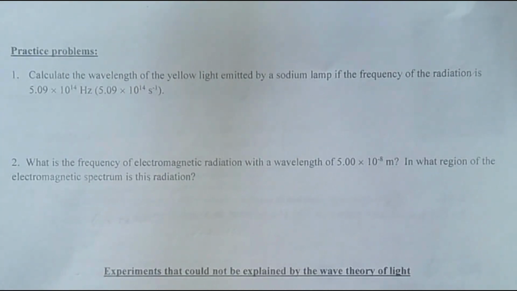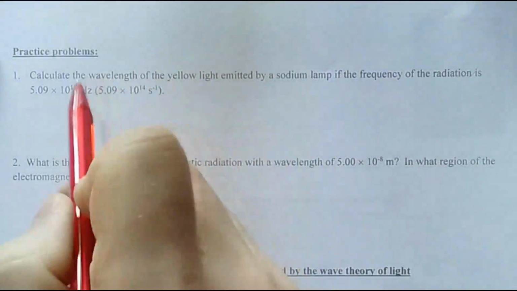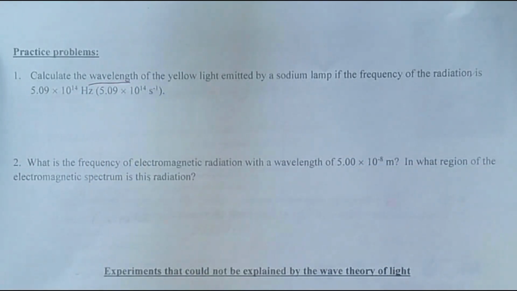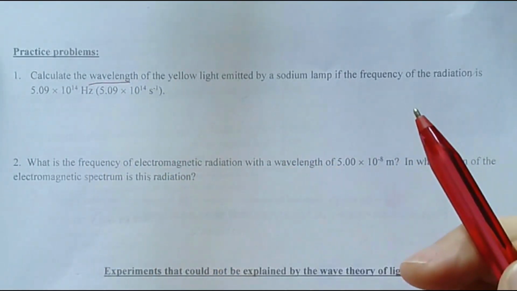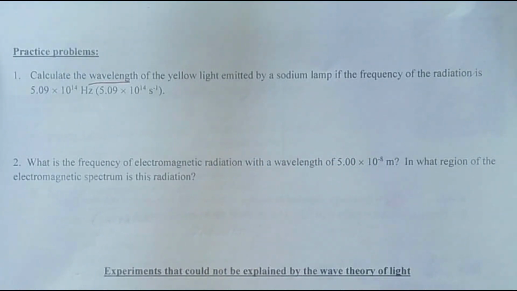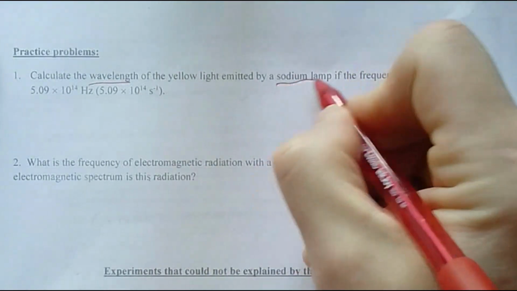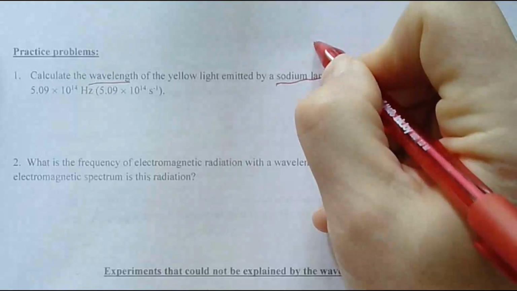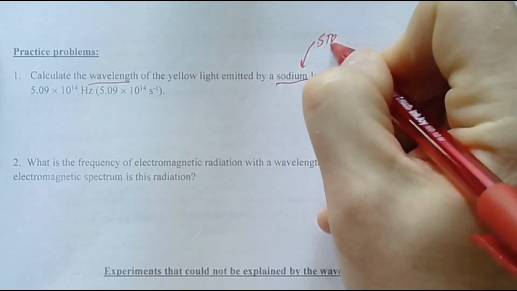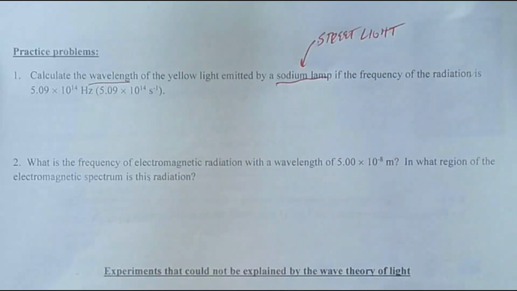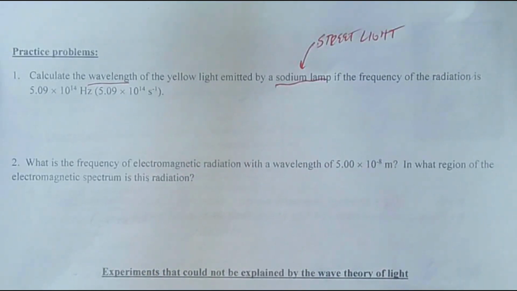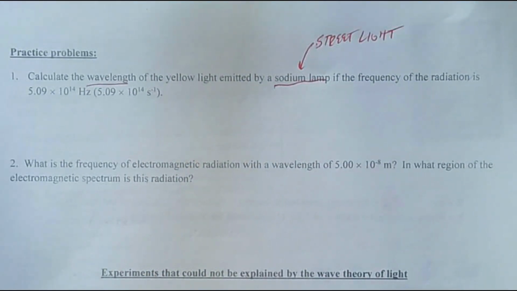So on this first practice problem, we want to calculate the wavelength of the yellow light emitted by a sodium lamp. If you're not aware of what a sodium lamp is, these are used most commonly as streetlights.